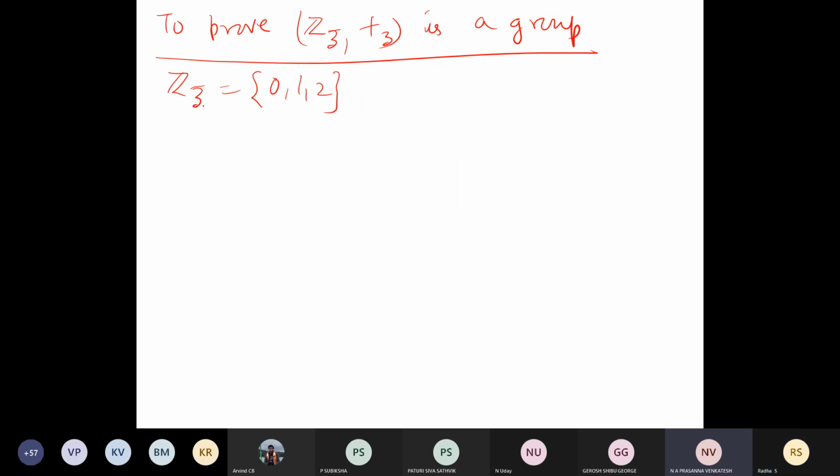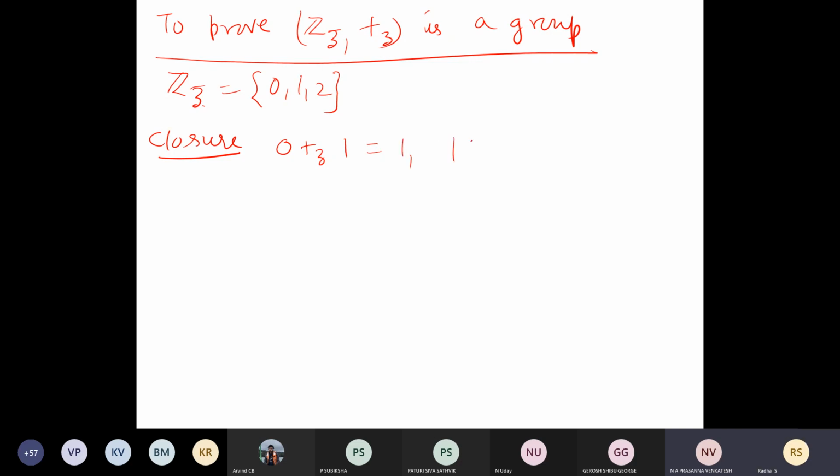To prove Z3 under addition modulo 3 is a group, closure first. What elements can I take? 0 addition modulo 3 1, what is that? Add 0 and 1 and divide by 3 to get the remainder 1.